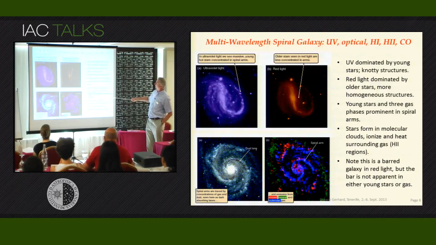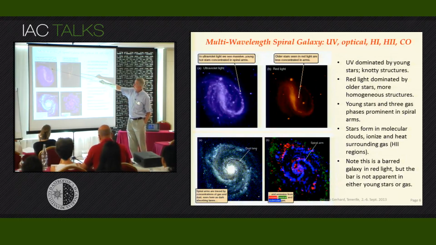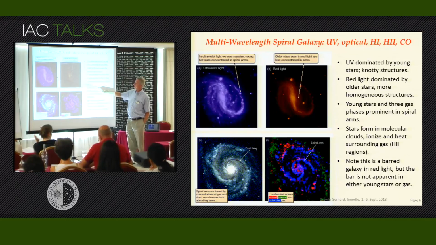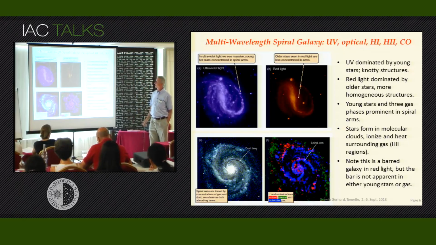Now, here are two galaxies. I just want to show very briefly how things are different at different wavelengths. For example, here you see the far ultraviolet radiation of some galaxy compared to the near-infrared radiation. The former is mostly dominated by the young stars, which are concentrated in the star-forming regions along the spiral arms.